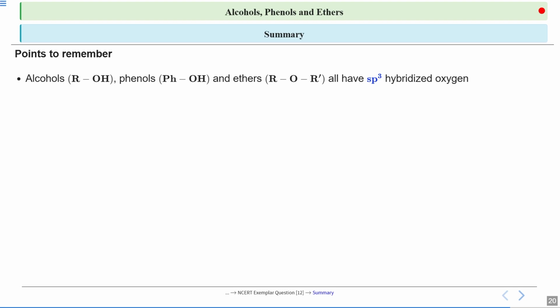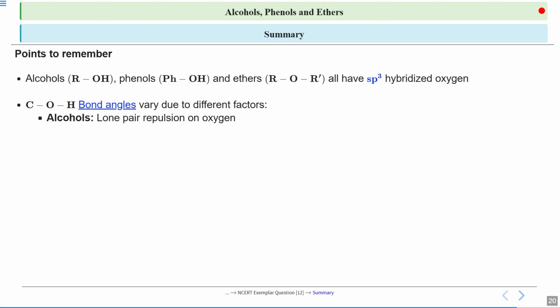Okay, so in the alcohols and phenols, the oxygen is attached with the hydroxyl group, and in the ethers, oxygen is present with two alkyl groups attached to it. The oxygen in all these molecules, alcohol, phenol and ethers, is sp3 hybridized. And the COH bond angles vary due to different factors in the different molecules. And what are these factors?